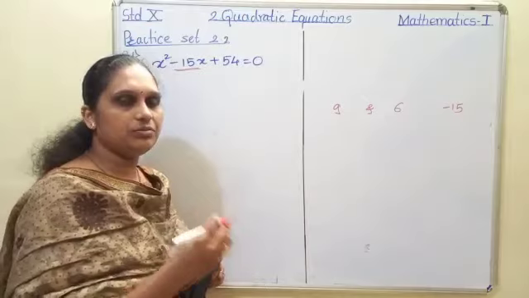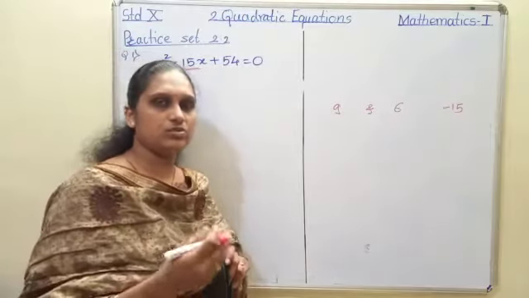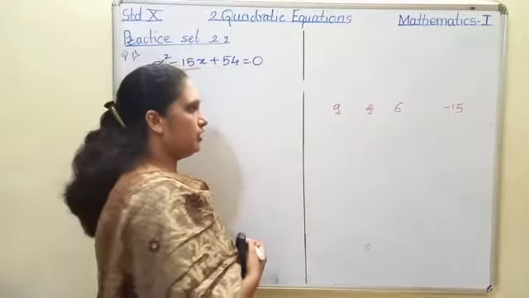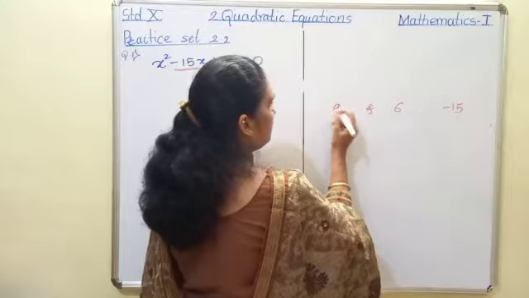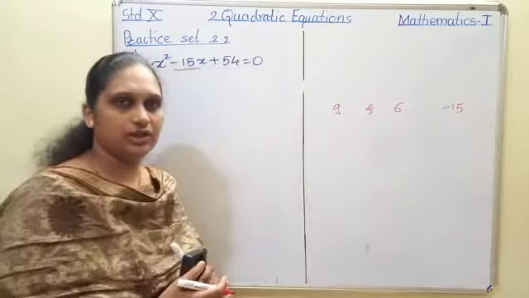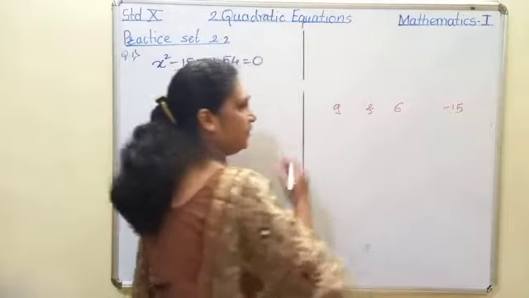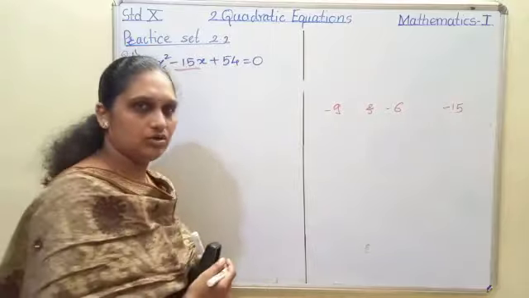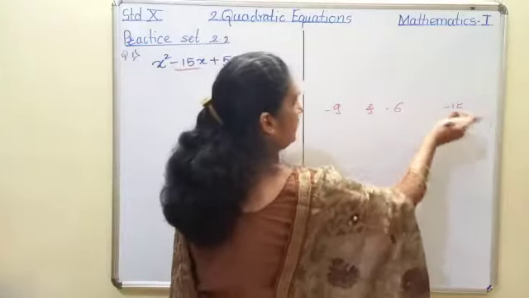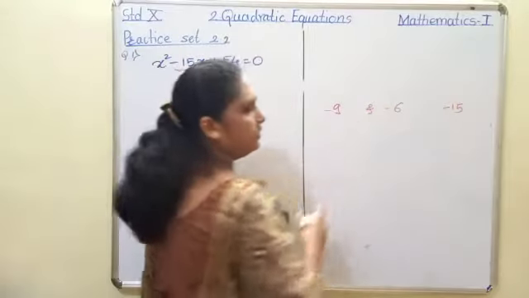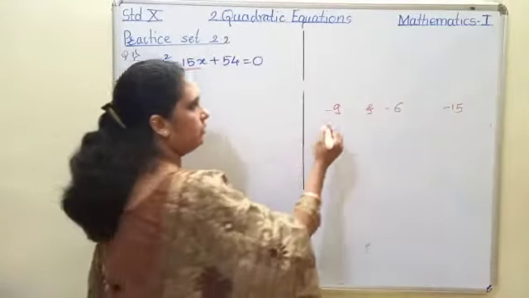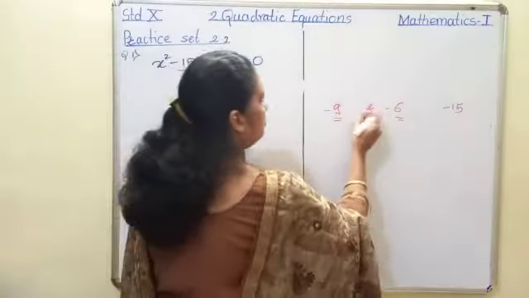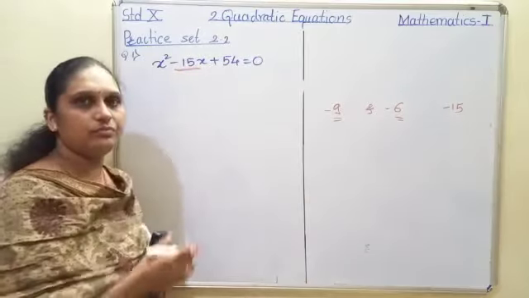Both are smaller than 15, so both will carry a negative sign, because if we add them we'll get 15, and with minus it will be minus 15. Now once we have the factors along with the sign, we have to arrange these two numbers in the place of the middle number.